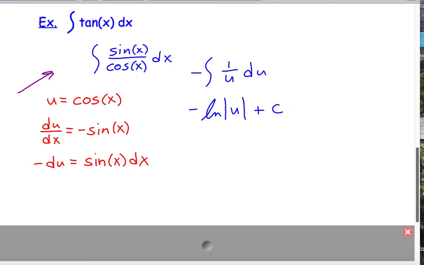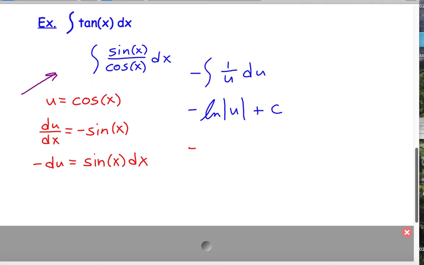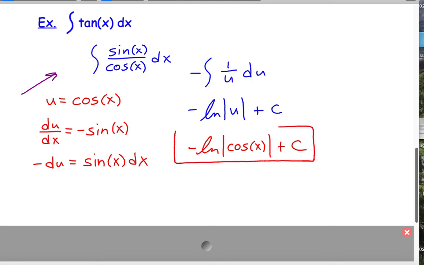So now I'm ready to go ahead and replace what u was equal to. U was equal to cosine of x, so I'll plug that in there. And I get negative natural log, absolute value, cosine of x, plus any constant. And that's my antiderivative of tangent.